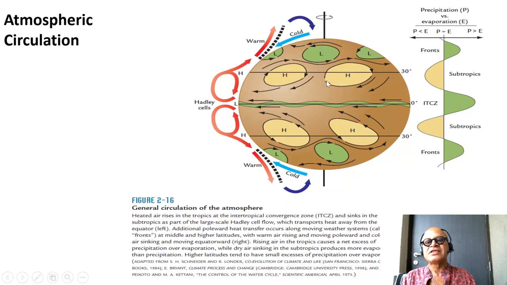This is showing again the cells we looked at, but now with precipitation and more details. Here is our maximum heating, convergence of the northeasterlies and southeasterlies, with mid-latitude westerlies. Where the Hadley cell sinks, you get the high pressure subtropical gyres, deserts: high pressure, no rain; low pressure, rain.